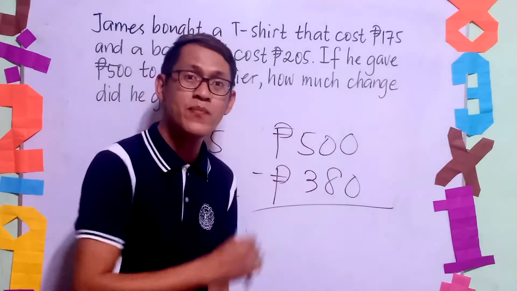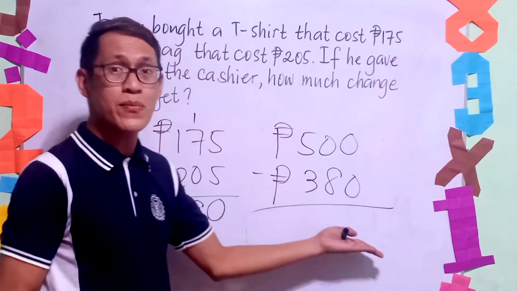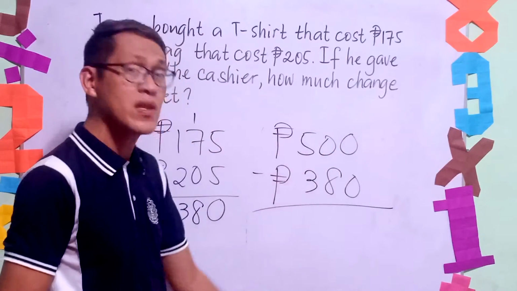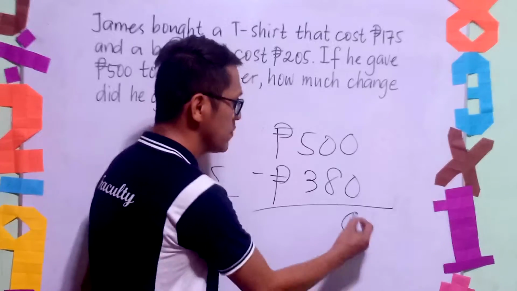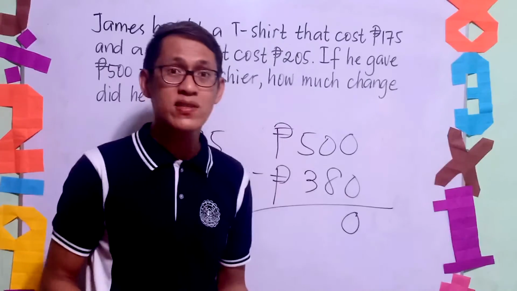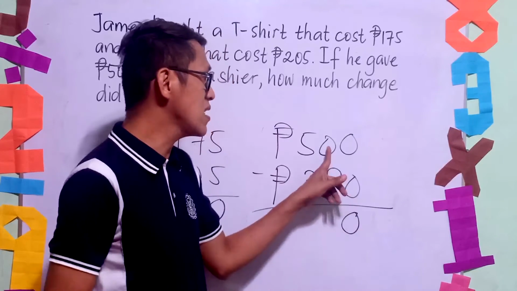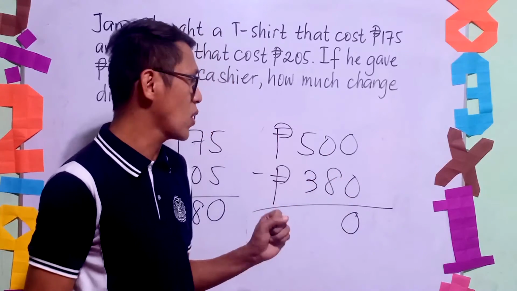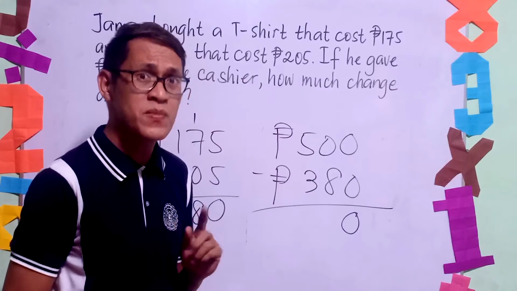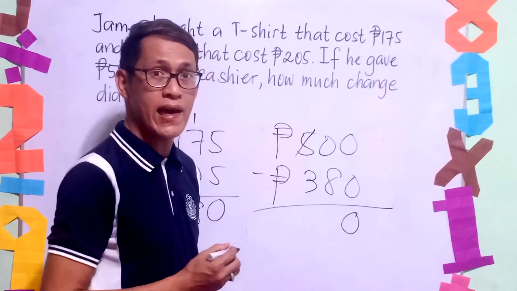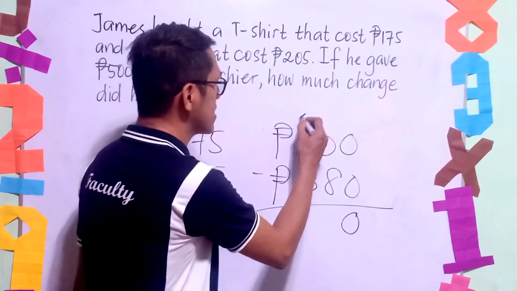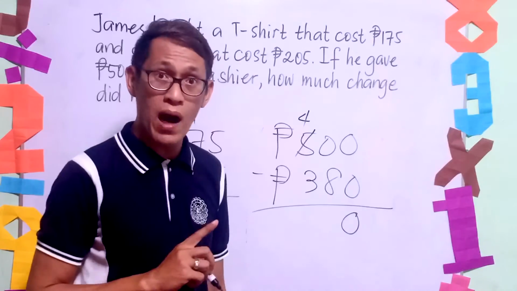Again, same with addition, you start from right to left. So you start from the ones digit. If you subtract 0 minus 0, that's 0. Can I subtract 0 minus 8? No, because 0 is smaller than 8. So what you will do is borrow 1 from 5. If you borrow 1 from 5, 5 becomes 4. And what will you do with the 1 you borrowed?